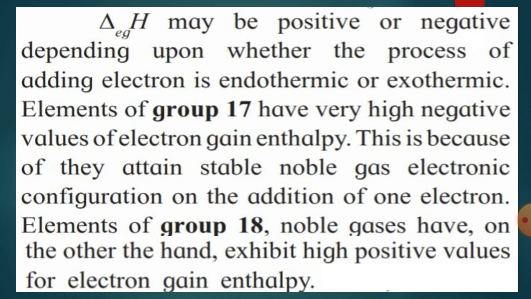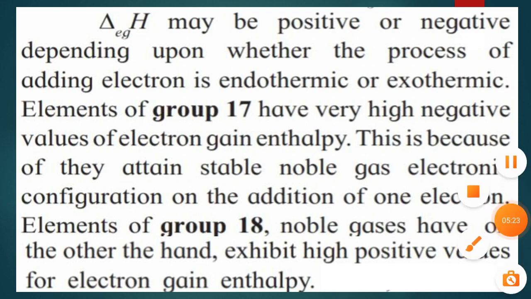That is why elements of group 17 have a very high negative value of electron gain enthalpy, whereas elements of group 18, that is, the noble gases, on the other hand exhibit a high positive value for electron gain enthalpy.